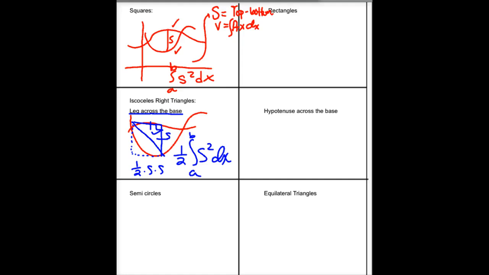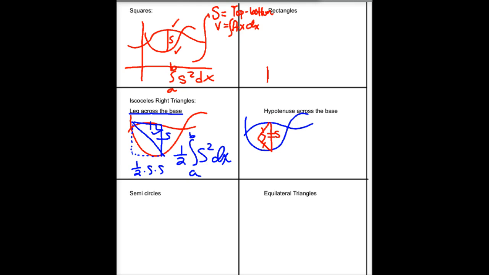If its hypotenuse is across the base, let's go draw what it would look like. Again, isosceles means two legs that are the same, and a right triangle means one of the angles is right. So when it's isosceles with the hypotenuse across the base, let's put a double mark on the congruent sides, and the hypotenuse is represented by that s.